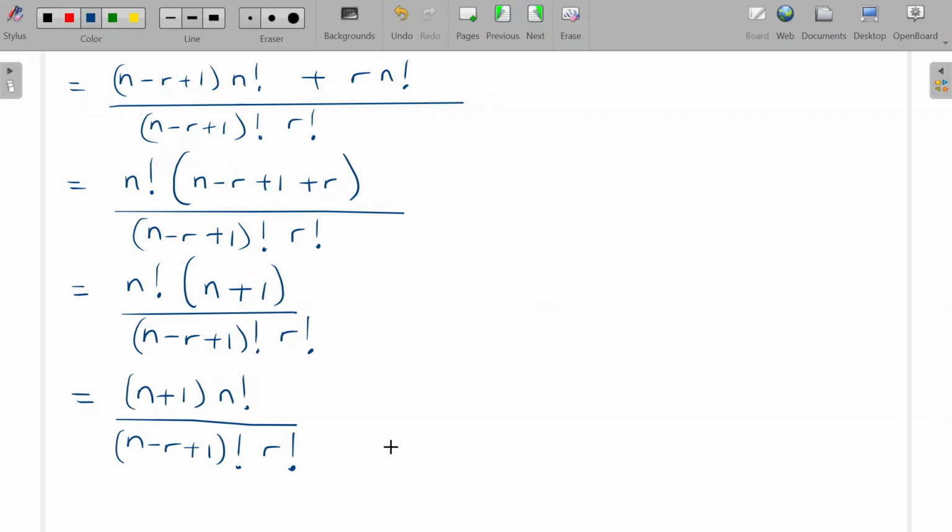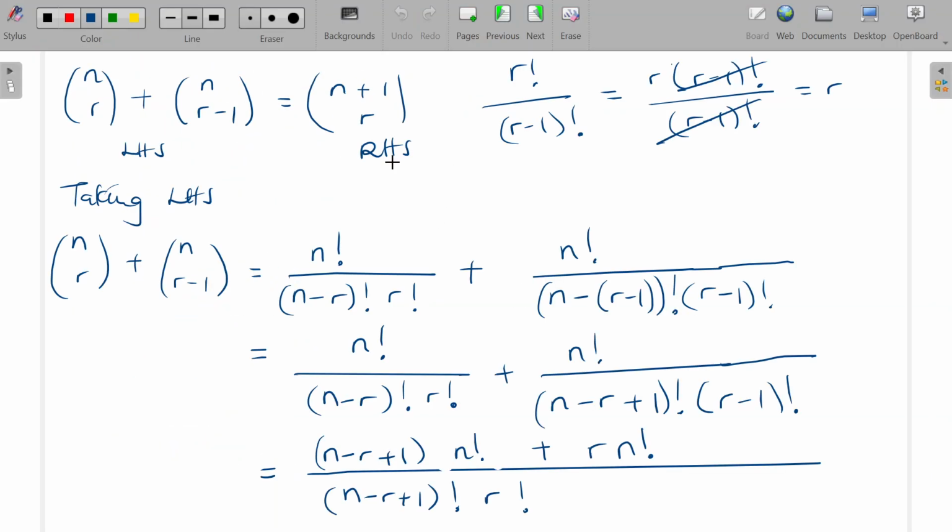Okay, now when you reach this part, remember that the right hand side had n plus 1 combination r.